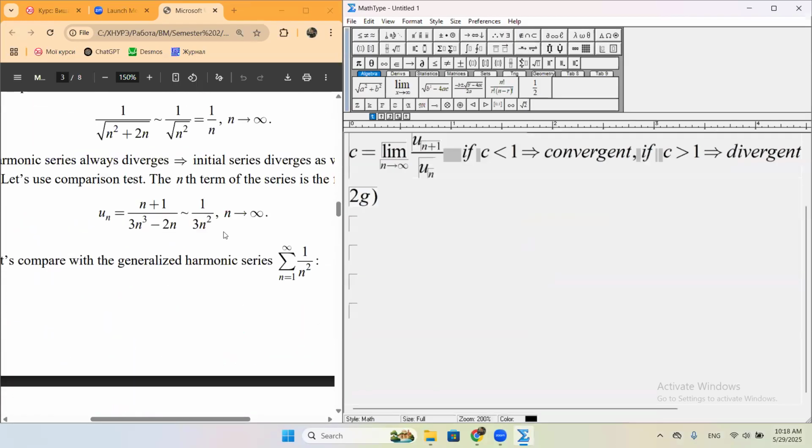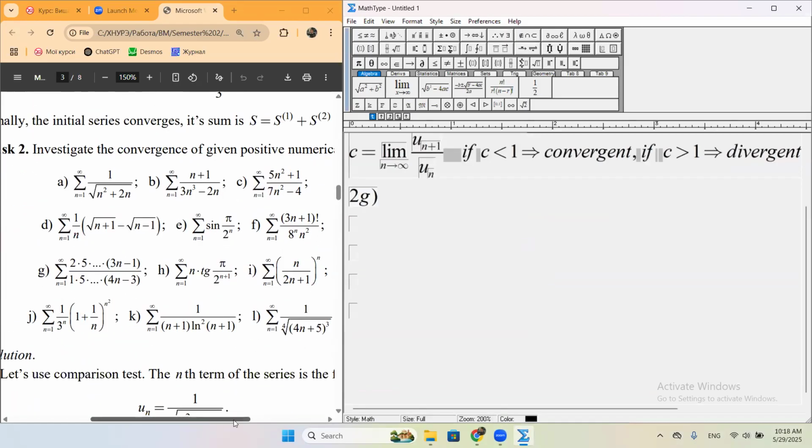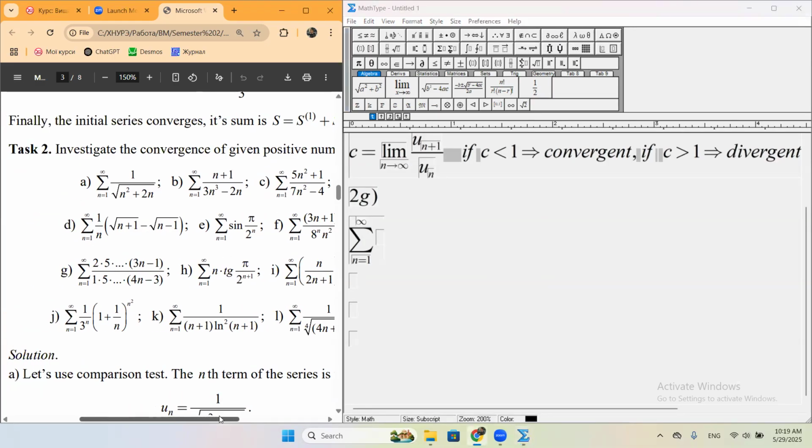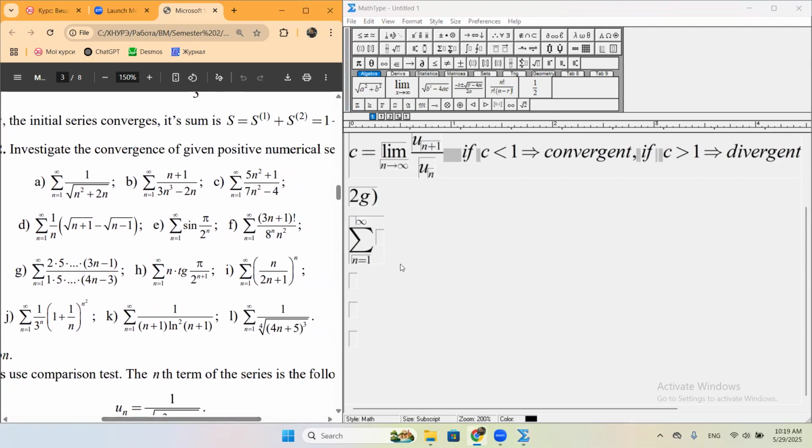So we will have more practice with D'Alembert test. So the following series, n equals 1 to infinity. We will have a break after we finish task 2, and then we will have a break.